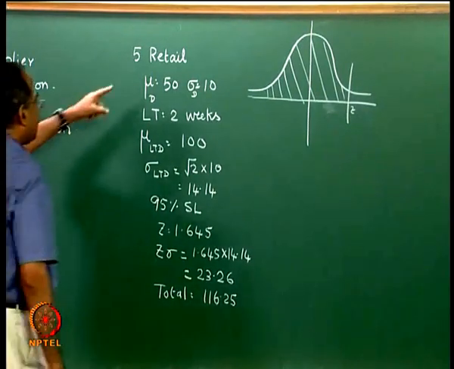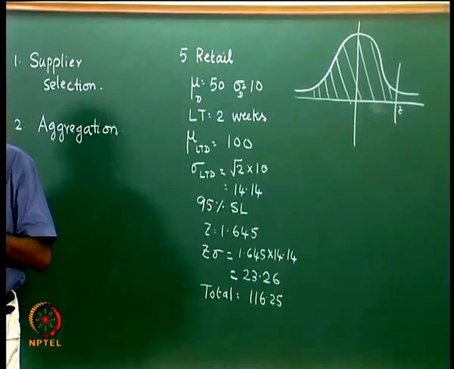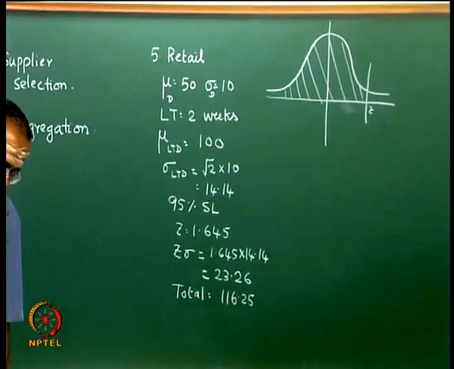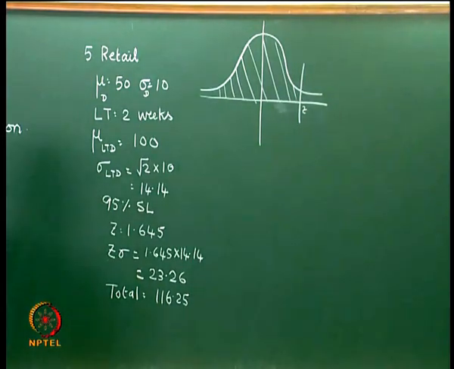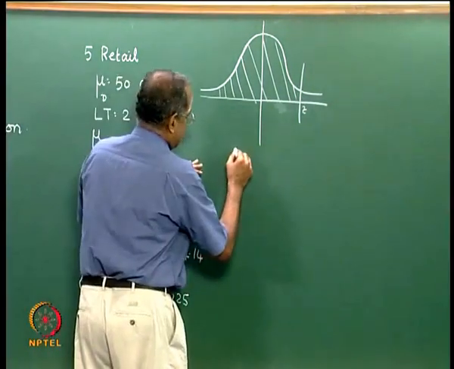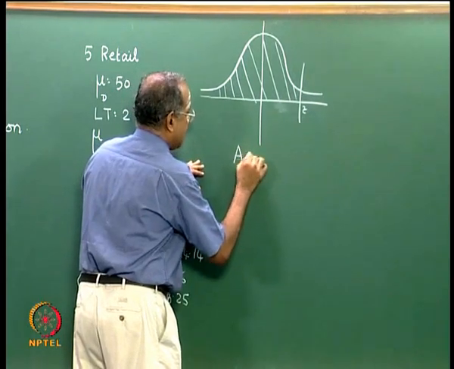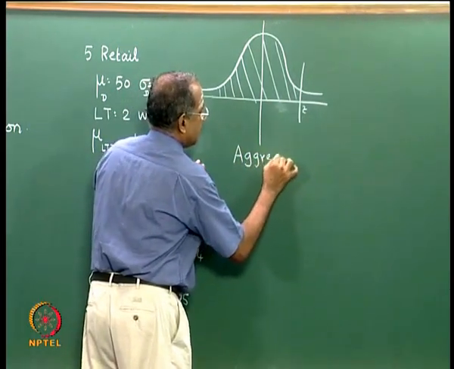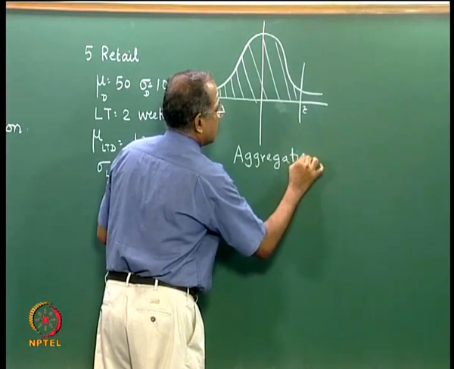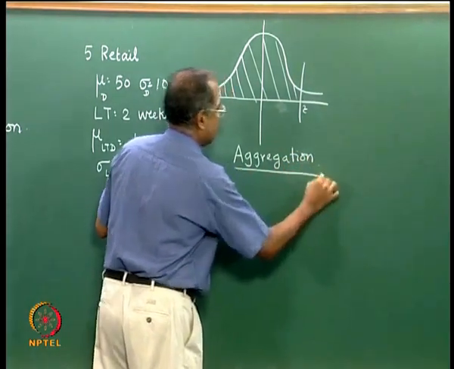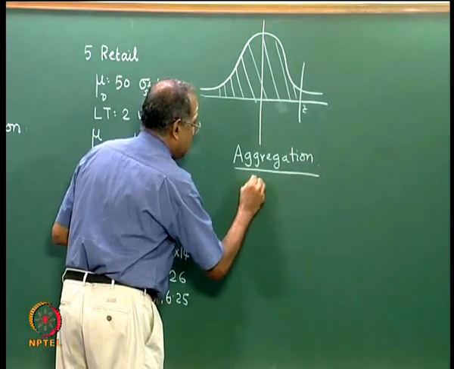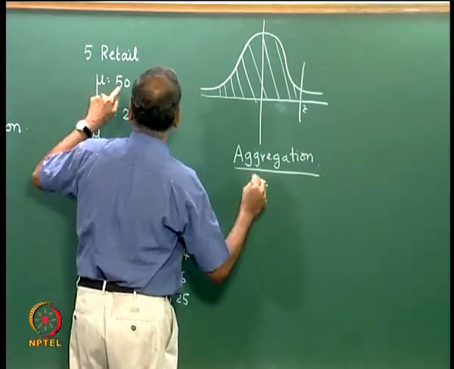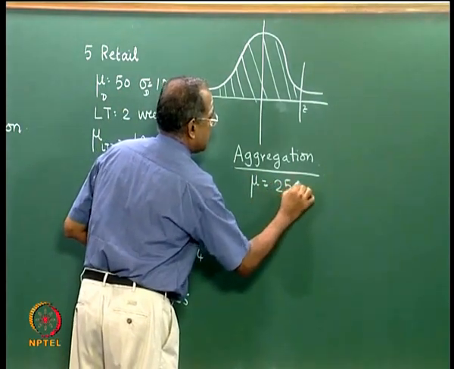Now, if we aggregate these 5 retailers into a single aggregated unit, then mu will be 5 times 50, which is 250.